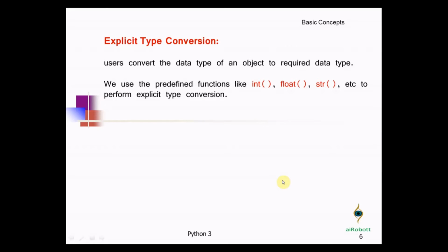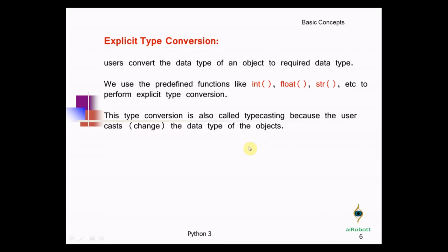To add different data types, you have to use predefined functions like integer, float, string, etc., to perform the explicit type conversion. This type conversion is also called typecasting because the user casts, that is, changes the data type of the objects. Let's see the syntax: the required data type and expression. Typecasting can be done by assigning the required data type function to the expression.